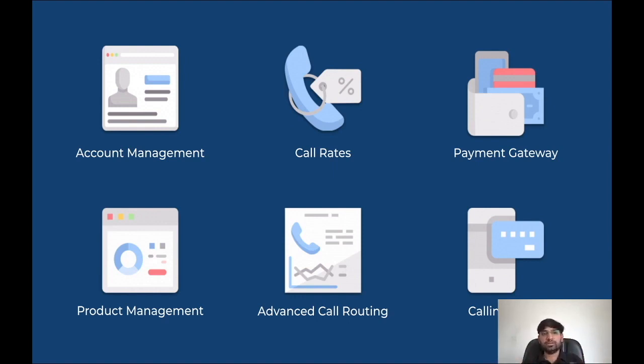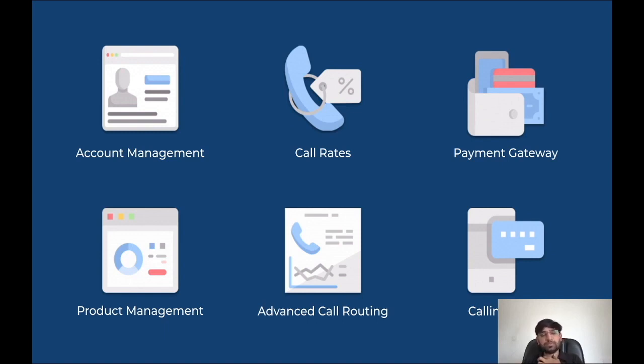I mean, your customers can also purchase those free bundles from the customer portal, and they can use them. And whatever charges you have defined, the system is going to deduct those charges from the customer account.